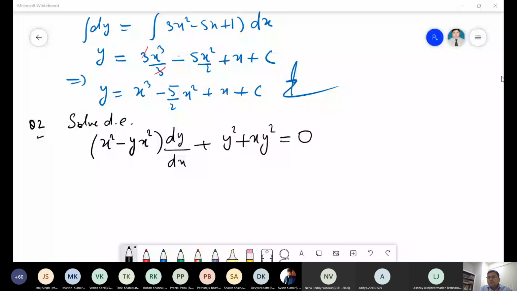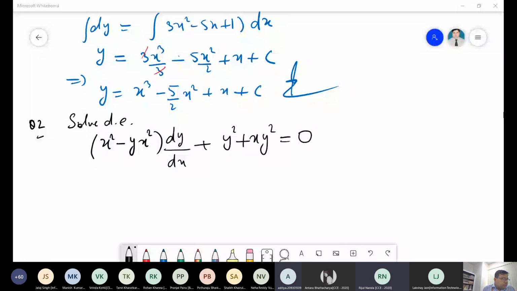Antara, answer please. 1 by y plus 1 by x plus log y by x equals c. Okay, Rijul. Same as suggested, 1 over x plus 1 over y is equal to log x minus log y plus log c. Okay.